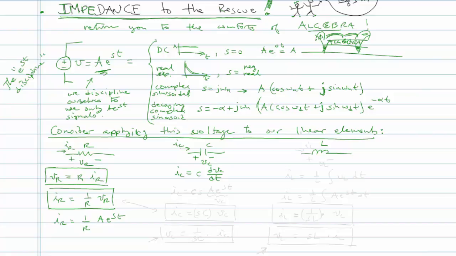So back to the capacitor. If I apply a voltage Vc that is of the form A e to the st, then when I take the derivative of it, I get an s out in front, and then I get A e to the st, which is itself just Vc. So now I can write Ic is equal to s times C Vc.